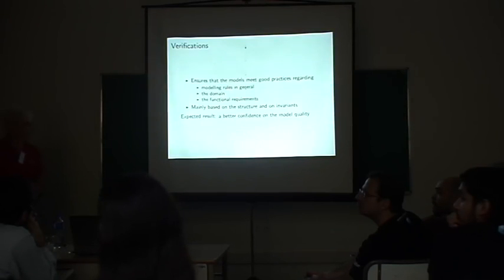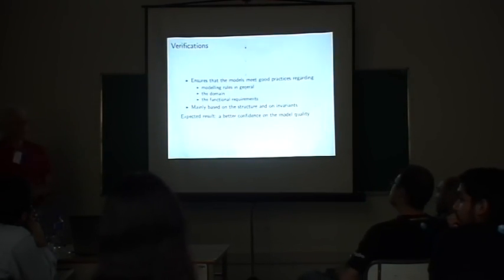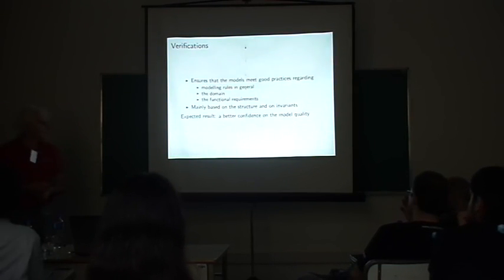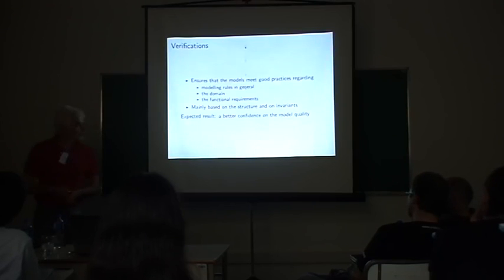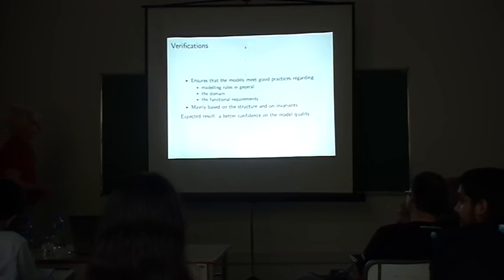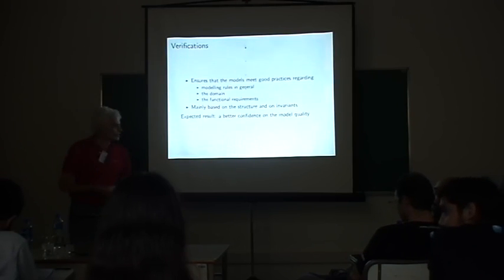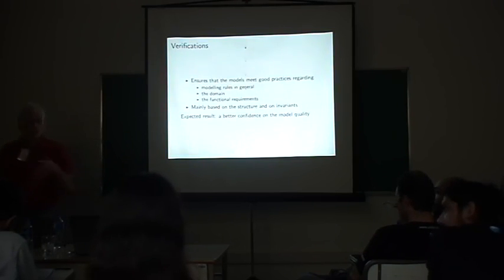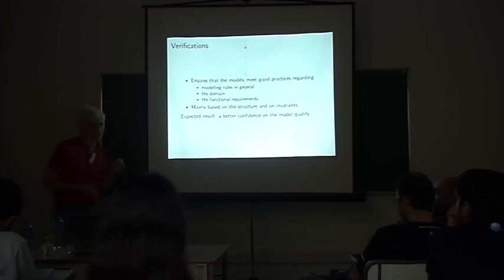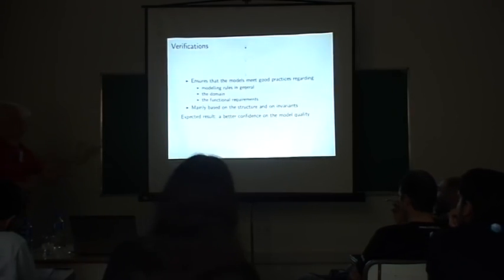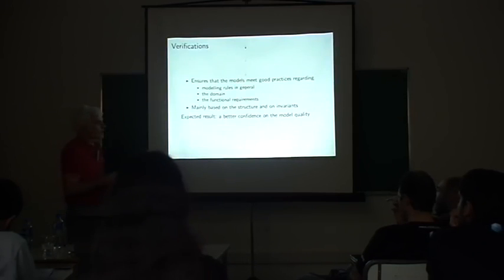So you must check the modeling rules in general and the functional requirements. There is also another kind of verification, based on the environment, on the rules that you can express in your models. As an example, you can use OCL to express constraints on your models.